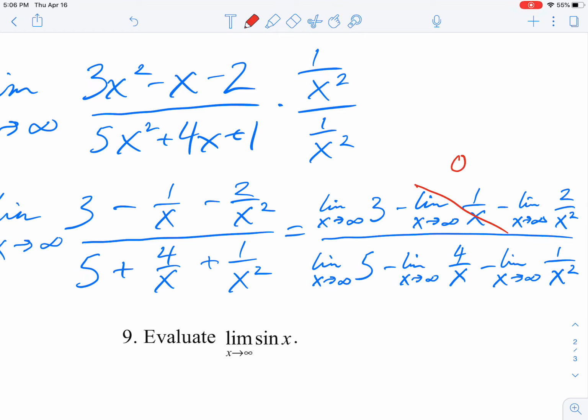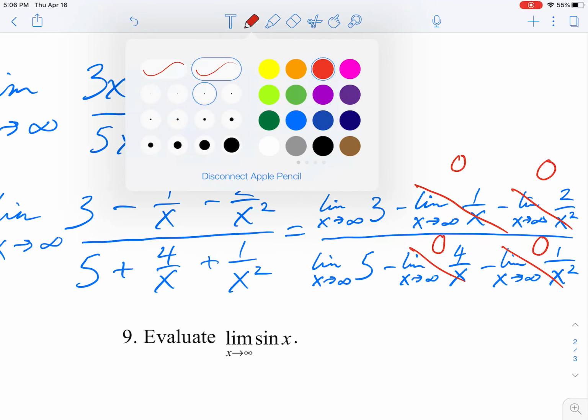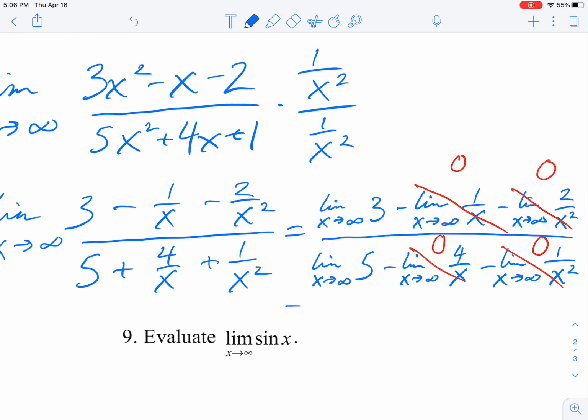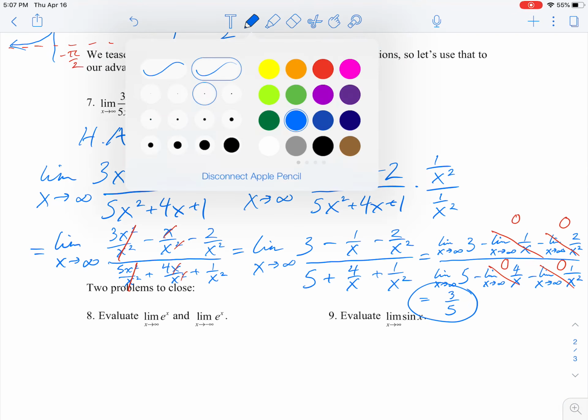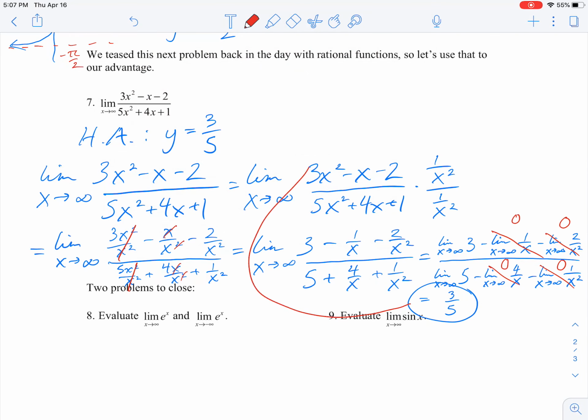So we can take all of these and say, well, they each go to 0, so in the final analysis, we are left with evaluating the limit as x goes to infinity of 3 and the limit as x goes to infinity of 5. And that's simply 3/5, better known as our horizontal asymptote.